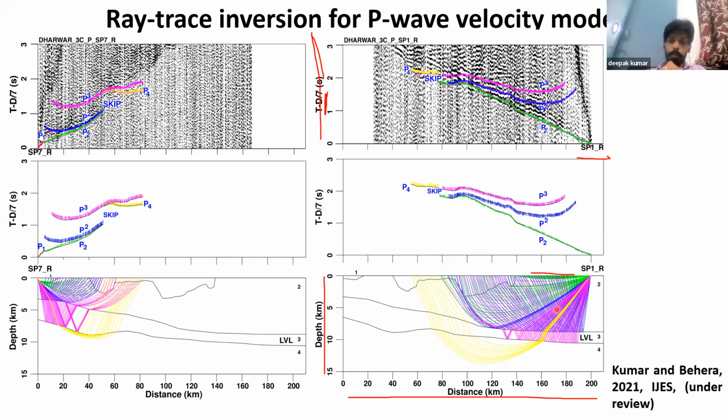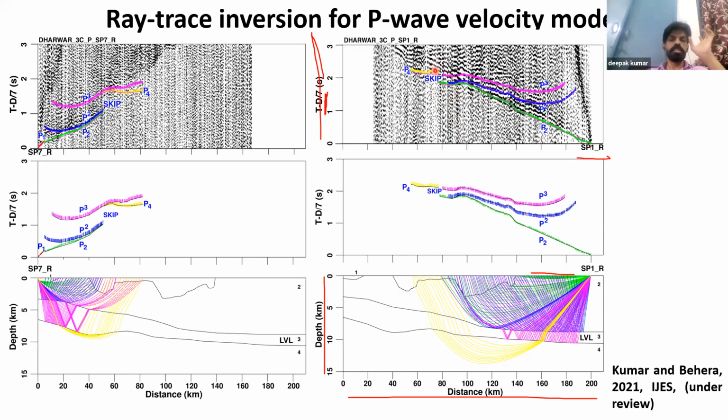The rays are passing through this layer, but no refracted ray is generating in it. That means it is hidden, and the velocity of this layer is lower than the velocity of the layer above. That is why the refracted rays are not generating in this layer, and that is why there is a skip in the data.